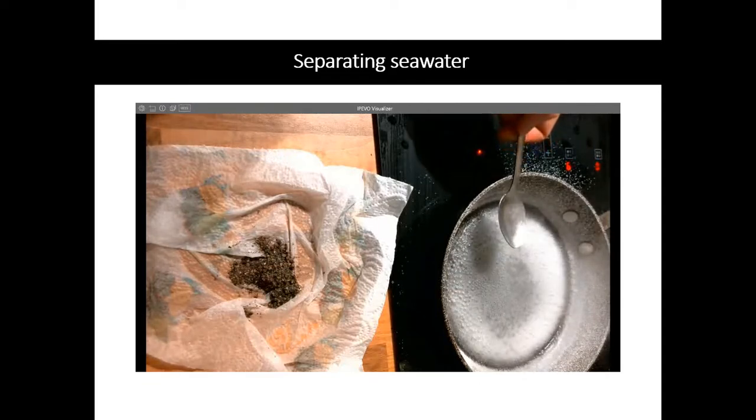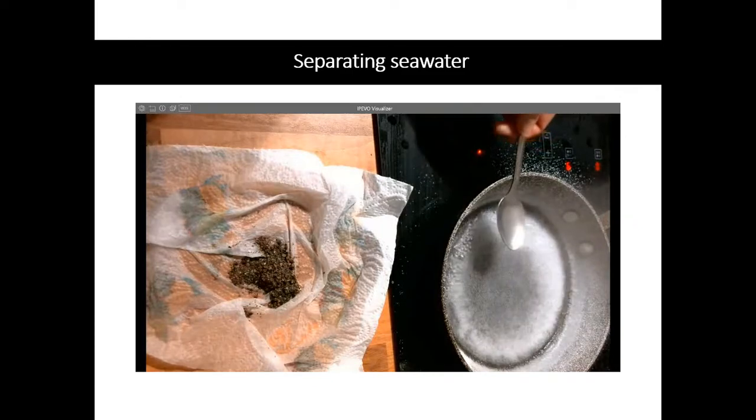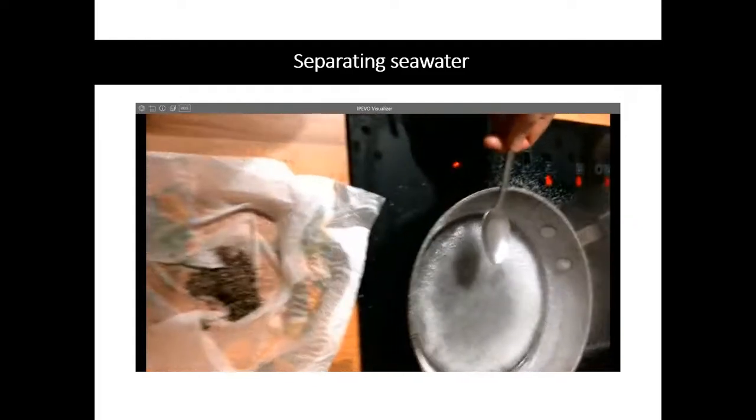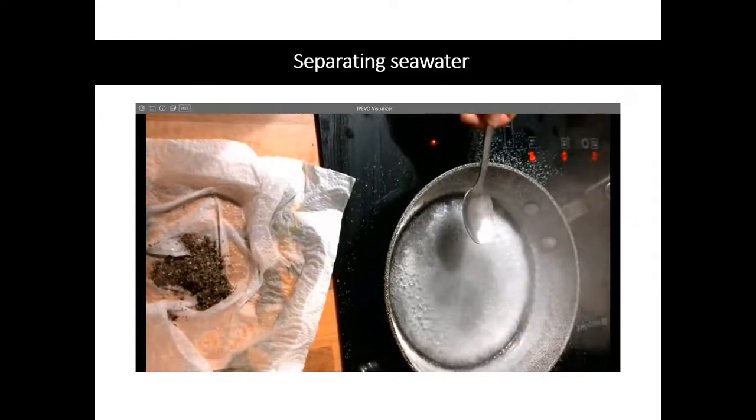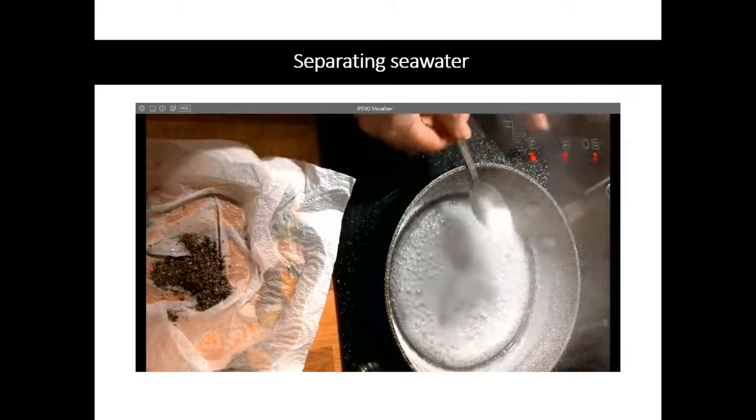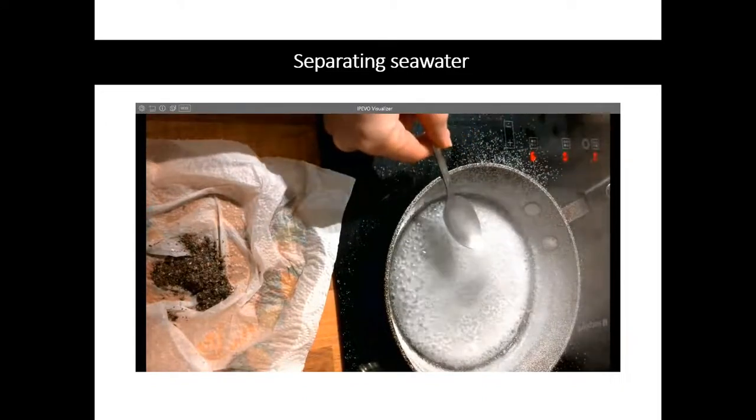As the water boils away, it will leave the salt on the bottom of my pan. You can actually see, if I show you a bit further along, it's actually spitting out of my pan like snow.